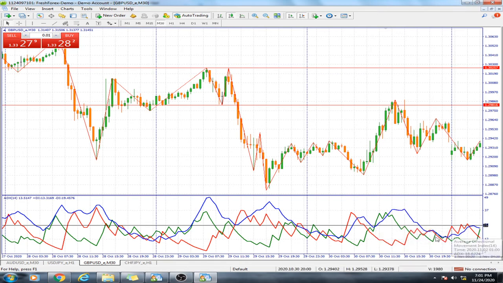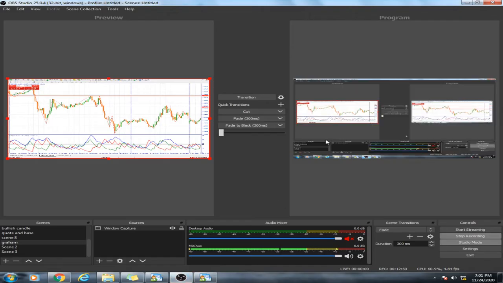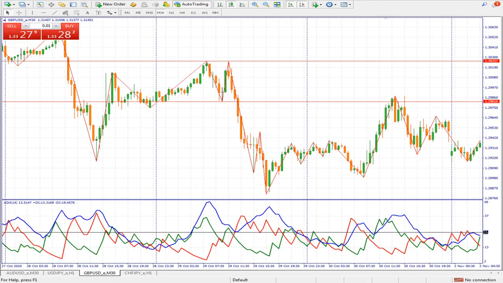Then here there is no trend. So anytime you have the blue line above the 25 level, that means there is a trend.